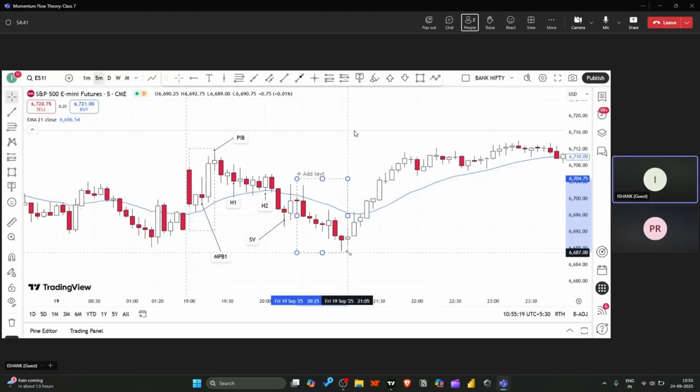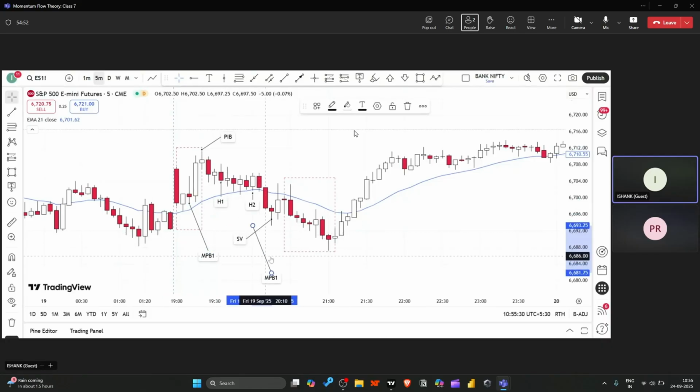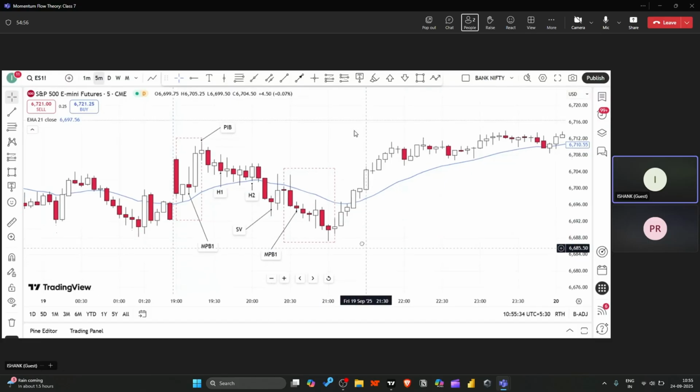Yeah, correct. Now, where did the bear trend start from? How do we know it's a bear trend now? Because after change in character, we got a breakout and follow through and spike.